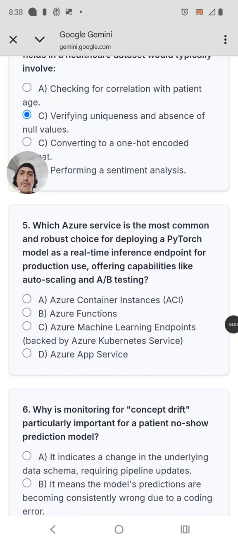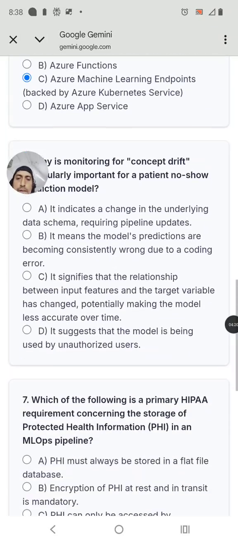Which Azure service is the most common and robust choice for deploying a PyTorch model as a real-time inference endpoint for production use, offering capabilities like auto-scaling and A/B testing? Let's pick something.